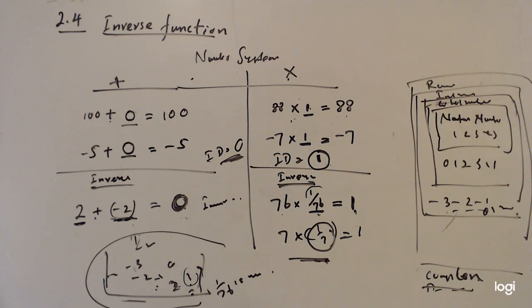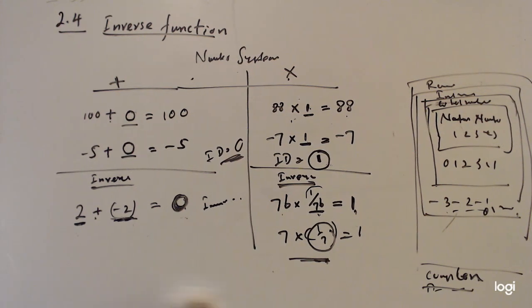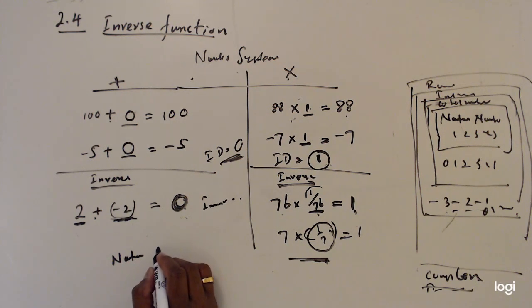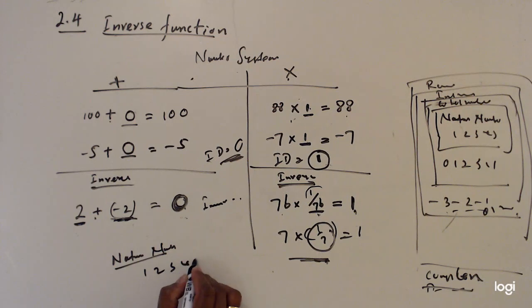So this is the idea behind the inverse. One more example. Now we talked about integers. How about under natural numbers, or counting numbers? Usually it depends on 1, 2, 3, 4, 5.